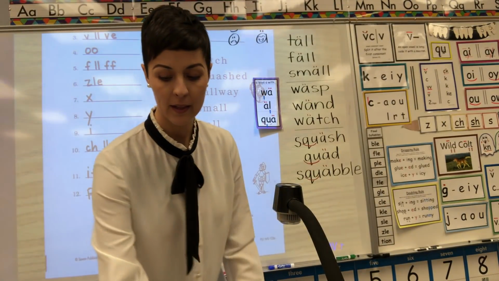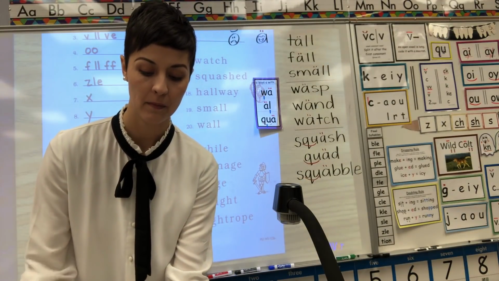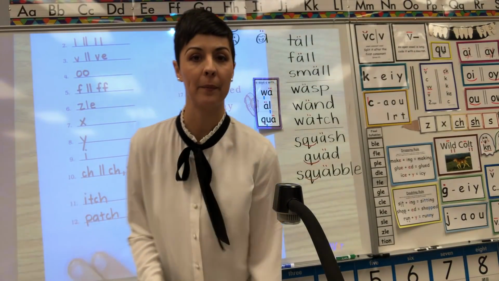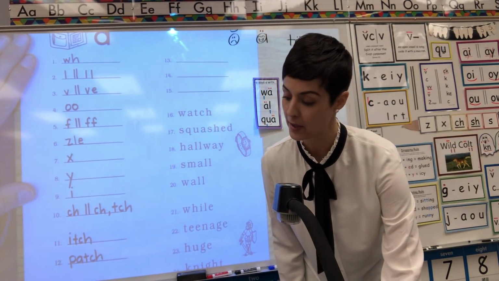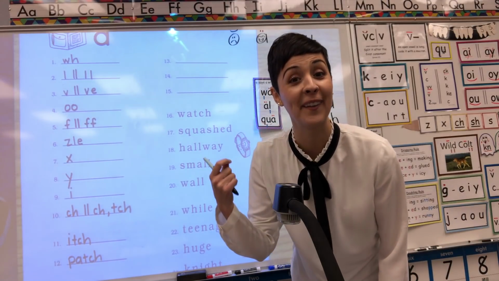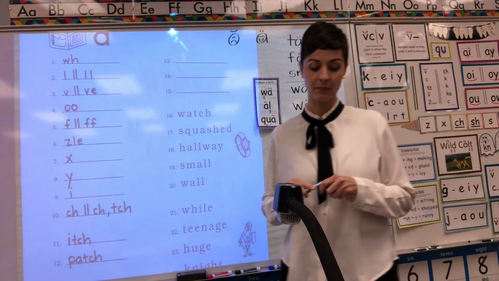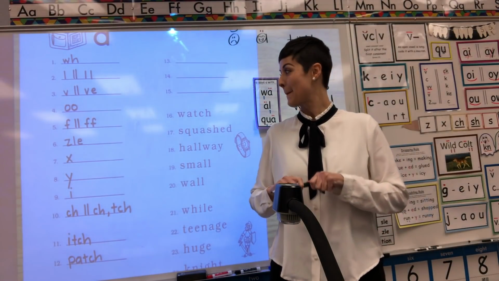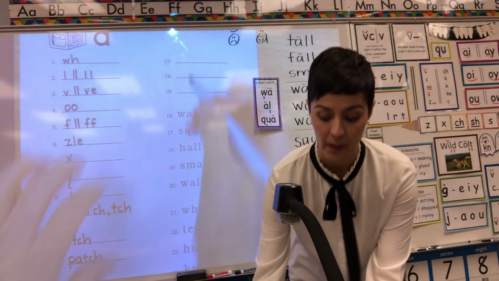And then let's come up to the top by number 13 and keep going. Move it so you can see it. Number 13, will you spell for me the word wash? What word? Wash. Okay, spelling wash.